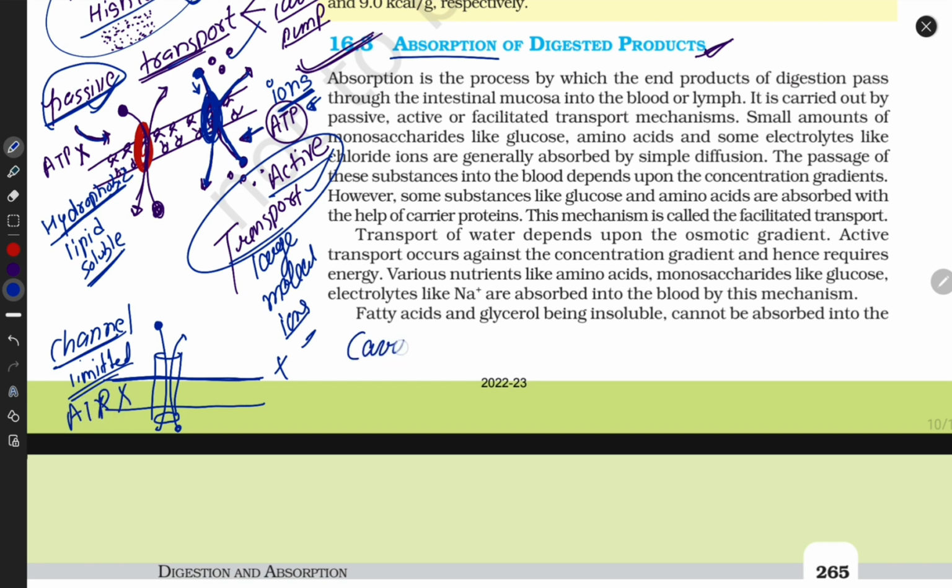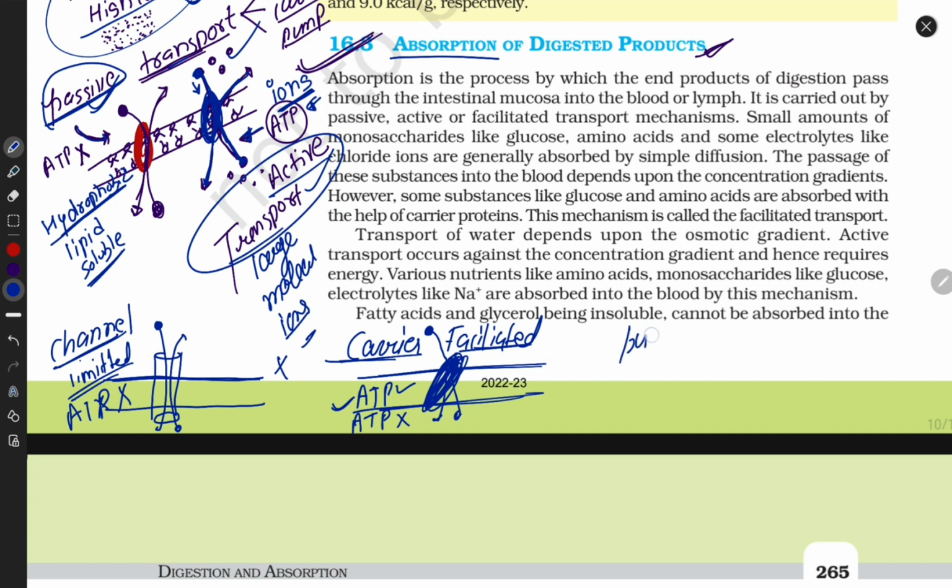Now carrier: if carriers are located on the plasma membrane, we call it a facilitated transporter. So if a carrier is located, then molecules move outside to inside, inside to outside. It may be ATP dependent or ATP independent according to the molecule. If they transport ions, they use ATP. If they transport some lipid molecule, they don't use ATP.